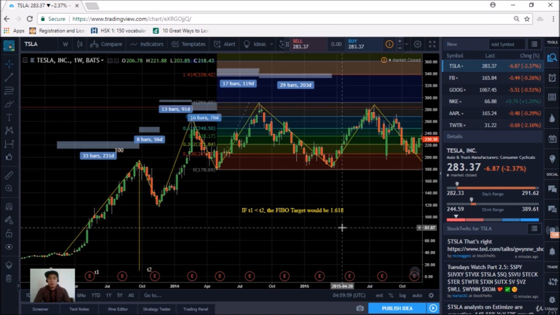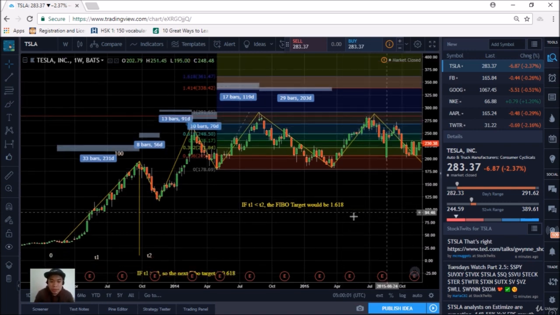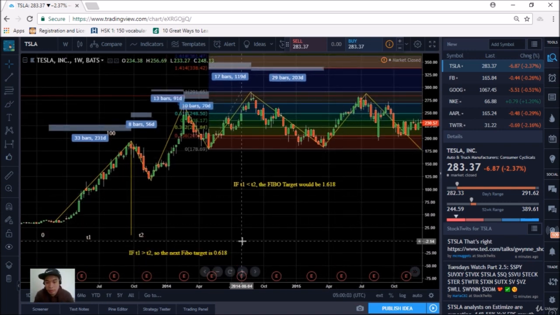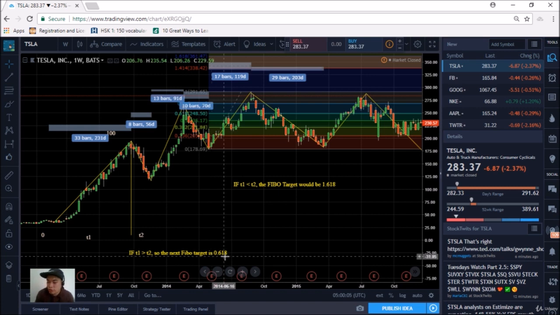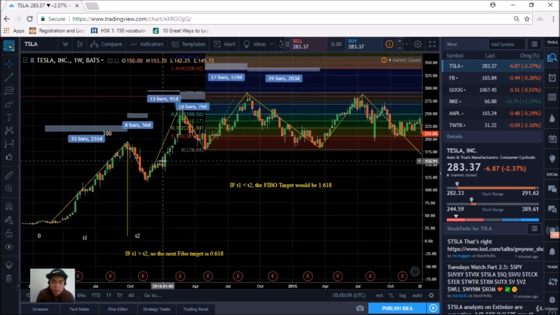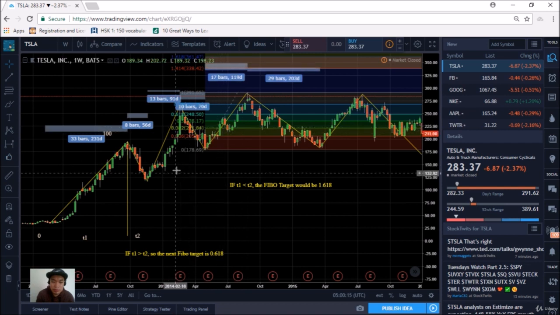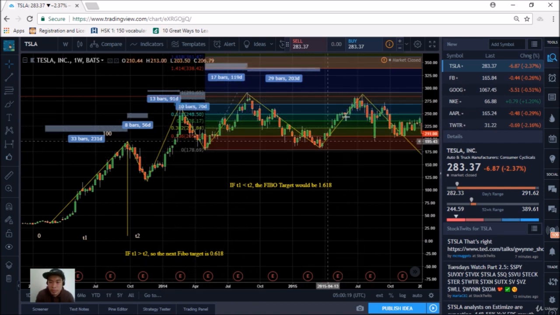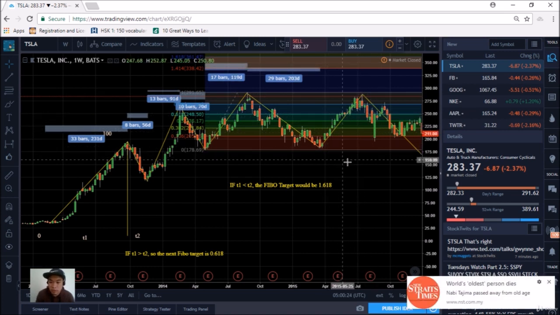Previously the Fibo target was 0.618, which is quite easy to achieve for the first and second line, and the second and third demand line, and we want to measure whether these have potential to achieve their target or not.